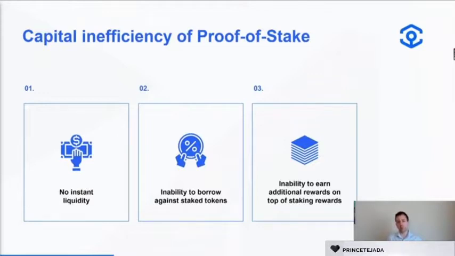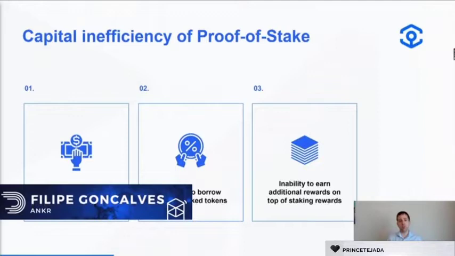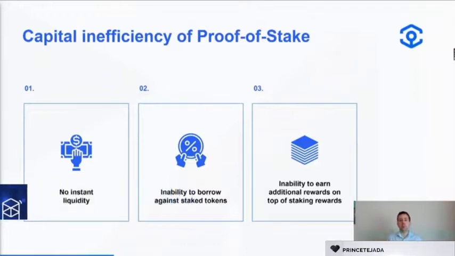Back in early November of last year, Ankr was the first to enable Ethereum liquid staking, and with Ethereum liquid staking, the use case was very obvious. It was about providing liquidity to staked Ethereum because we could not, and we still cannot, unstake Ethereum. We need to wait for phase 1.5 of Ethereum 2.0.